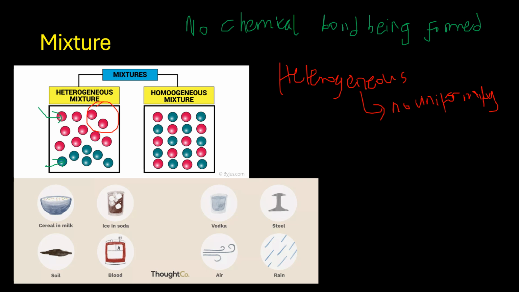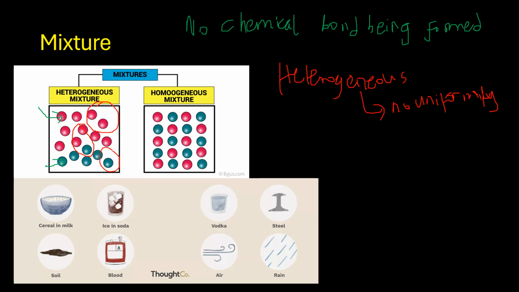If I sample from this section, you're going to see a little bit of pink, some green. If I sample from over here, you're going to see it's only green. So it's not an even composition all throughout. There are some parts that have more of one substance compared to the other, some parts that have equal composition. So it's not a complete mixture.